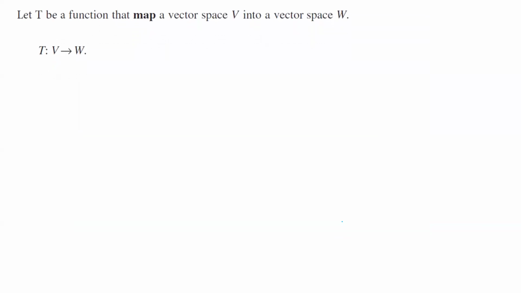Given these definitions, we are going to introduce a linear transformation. Let T be a function that maps a vector space like V into another vector space like W. So instead of x and y, we're using v and w. This function is denoted by T that maps V to W. V is called the domain of this function, and W is called the codomain of this function.